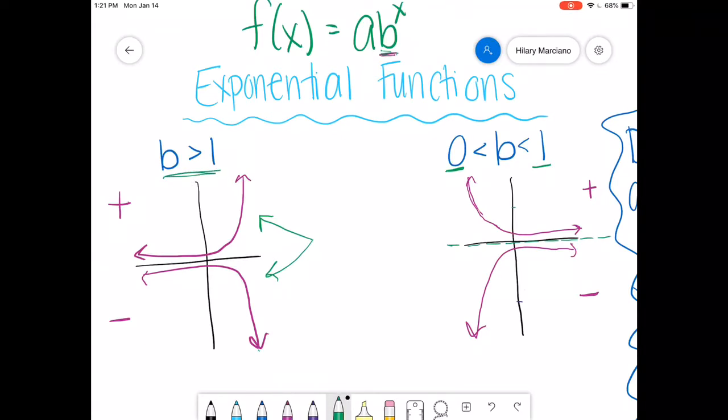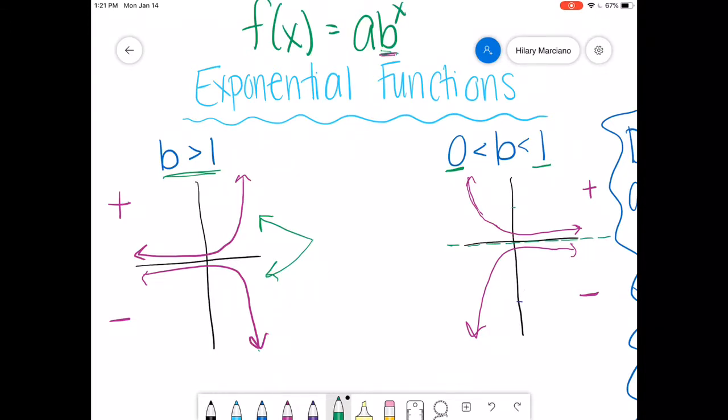For these over here where b is greater than 1, this is the shape of our graph. If it's a positive a, then we're making this shape where it rises to the right. If b is greater than 1, but we have a negative in front, then it's going to fall to the right.